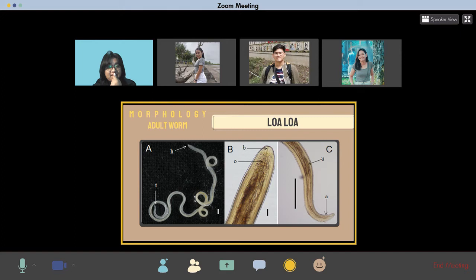In Exhibit B, we have the anterior part of the adult female Loa loa, where the small b shows the narrow straight mouth and o its muscular esophagus. Last, in Exhibit C, we have the posterior part of the adult female Loa loa. The small a shows the anus, and the letter u is the posterior uterine loop of the posterior uterus.